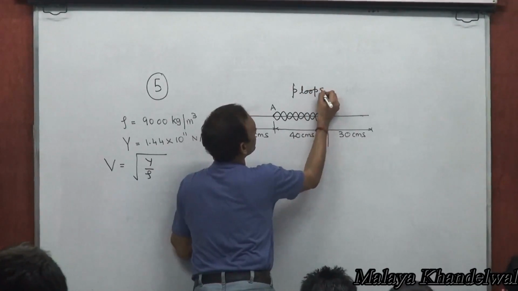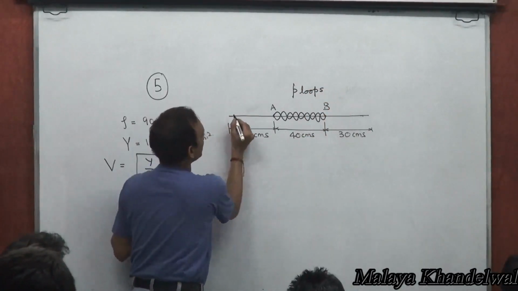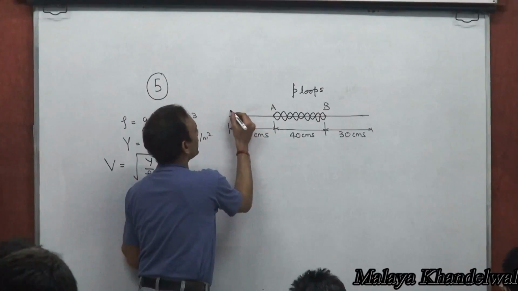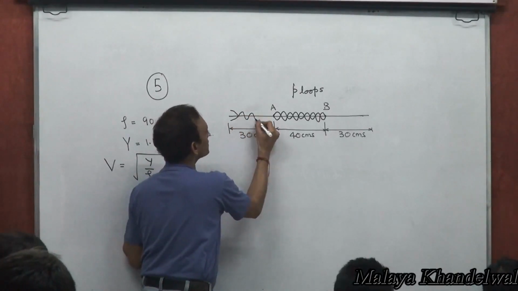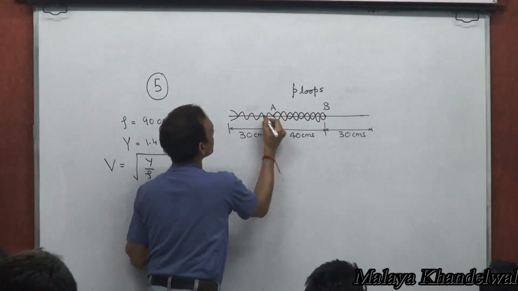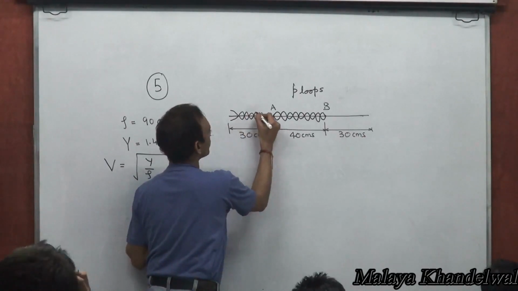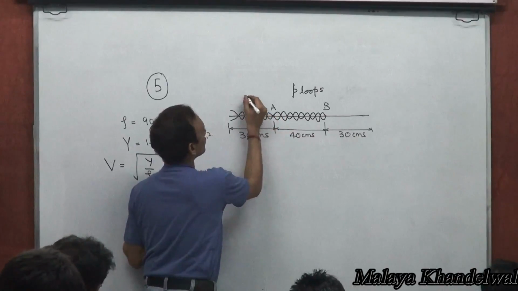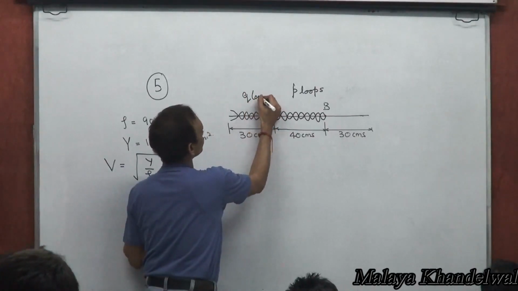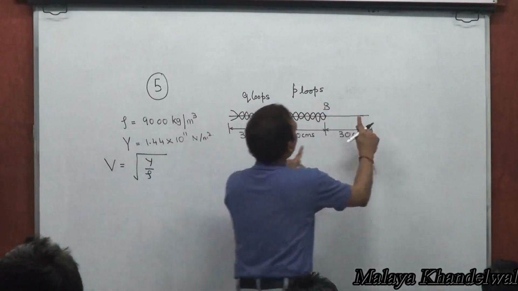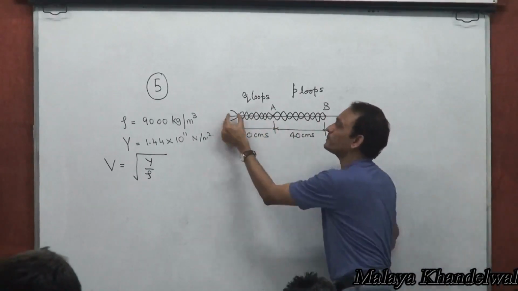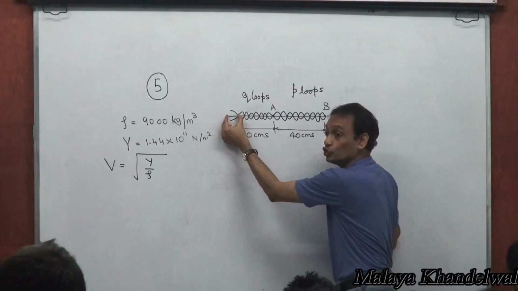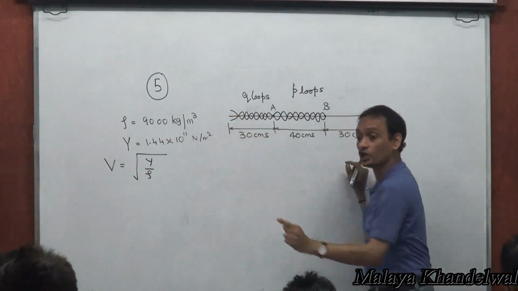Now, between this end and this end, there would be an antinode at the end, and there would be Q loops, let's say. And at this end there would again be Q full loops, Q full loops plus lambda by 4. Do you realize that, Q loops plus lambda by 4, yes or no?